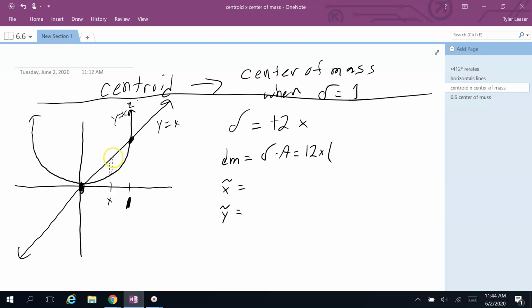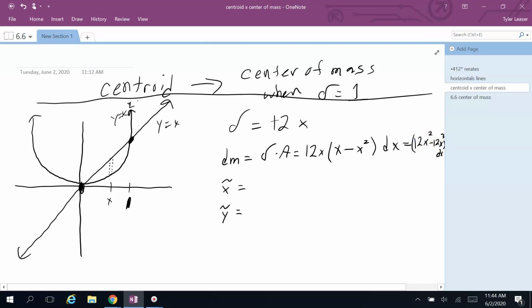The straight line is above the parabola, which means that that's the furthest distance. So you have to take the equation of the line minus the equation of the parabola to get the length of the slice. That times the width of the slice, but the width of the slice is that infinitesimally small distance dx. We can simplify this down a little bit by distributing the 12x into there, and we get 12x squared minus 12x cubed dx.